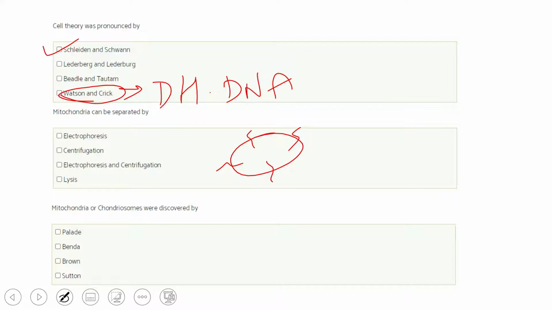Electrophoresis, you all know. You must have studied agarose gel electrophoresis or polyacrylamide gel electrophoresis. And centrifugation also you know. So here the process involved is centrifugation. Using density gradient centrifugation, the different organelles of the cell can be separated. These organelles have different densities and they get separated using centrifugation.